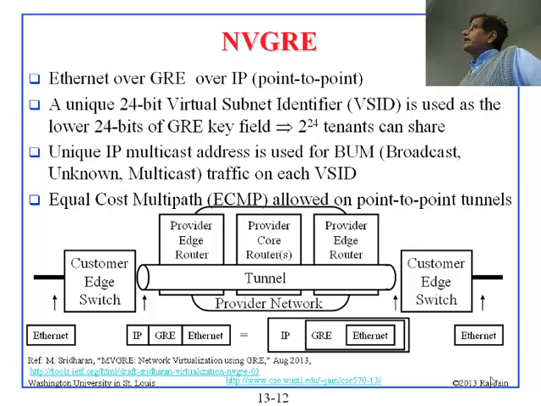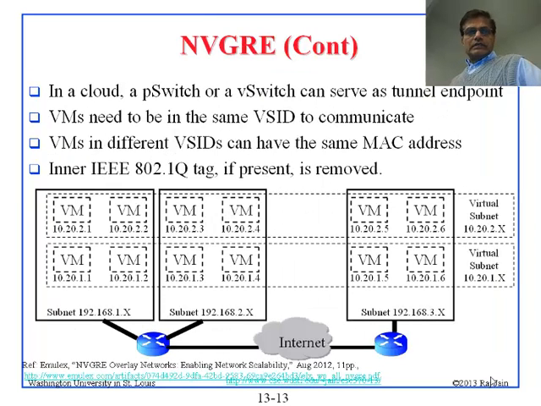Okay? NVGRE. So now we are doing Ethernet directly over GRE. Previously we did it over MPLS. So here is an example of how NVGRE could be used. This is a data center where the provider has 3 subnets.